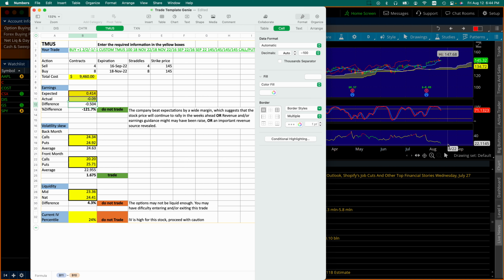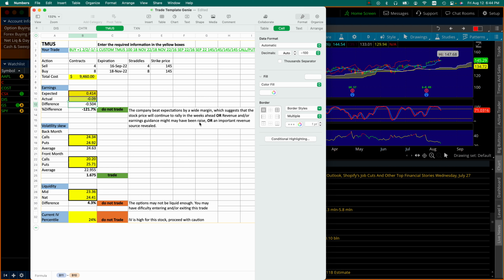But there is another issue here, which is, so I say here the company beats expectations or may not beat, or the revenues and earnings guidance may have been raised, or an important source of revenue revealed, and that is what is happening here.